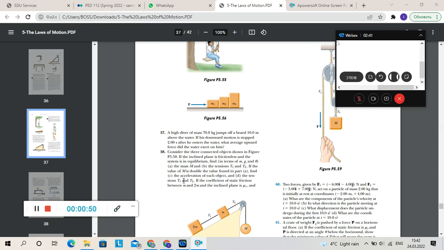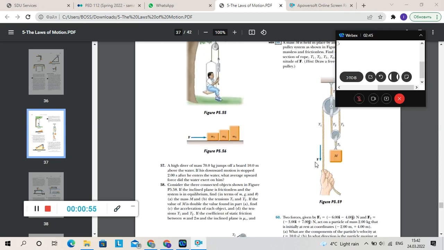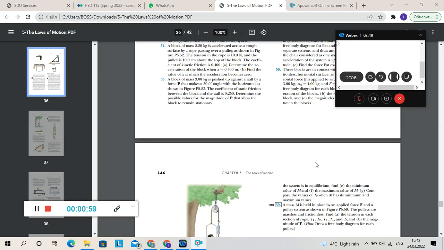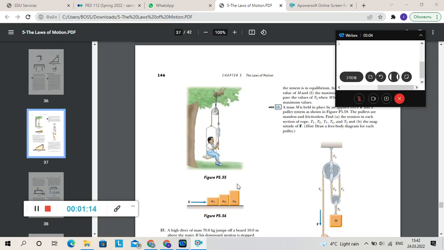If the constant of static friction between M and the 2M and the plane is mu and the system is in equilibrium, find the minimum value of big M and the maximum value of big M. Compare the values of T2 when big M has its minimum and maximum values.